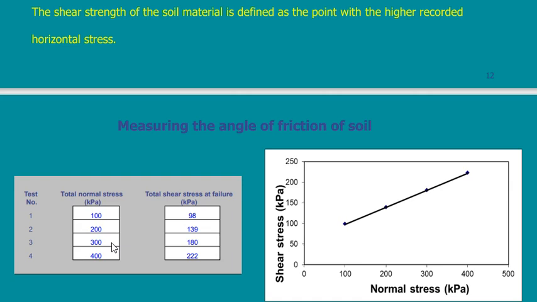3-4 times, the minimum is 3 times, and so I will get these 4 points, or 3 points if I repeat it 3 times. Usually there are some errors. We don't get all the points on one straight line.